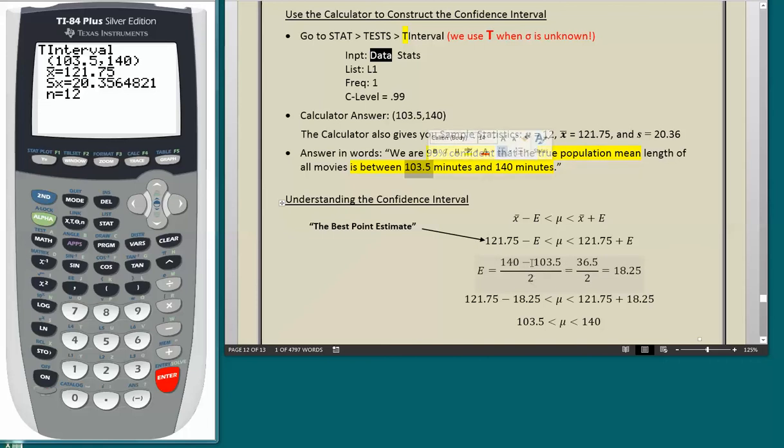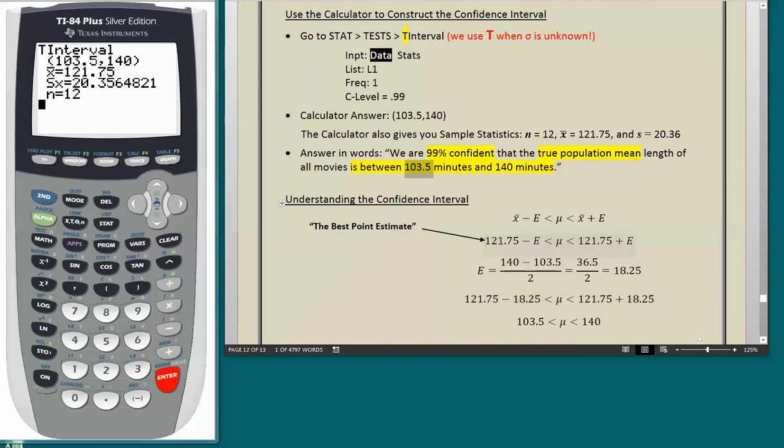So if you take 140 minus 103.5, that's 36.5. You divide by 2, you get 18.25. So that is E, the margin of error. So now I want to drop that number in for both of these two E's. So that brings us down here.